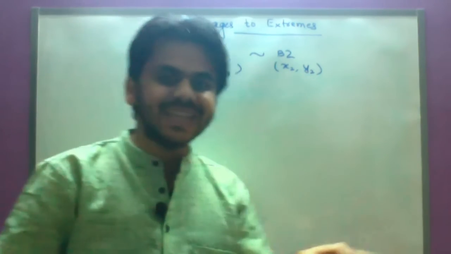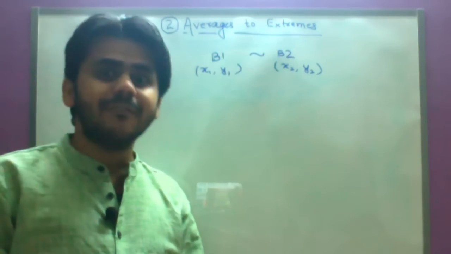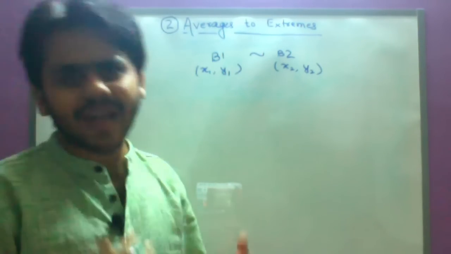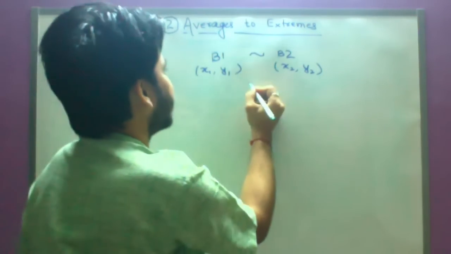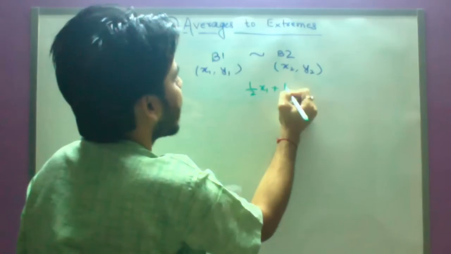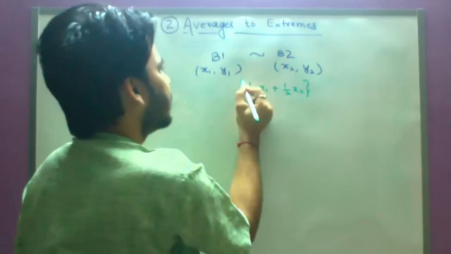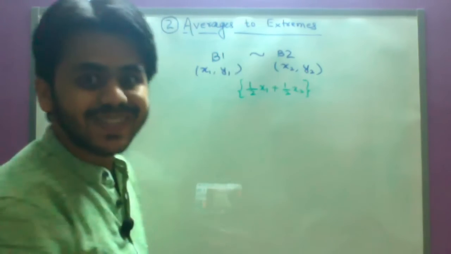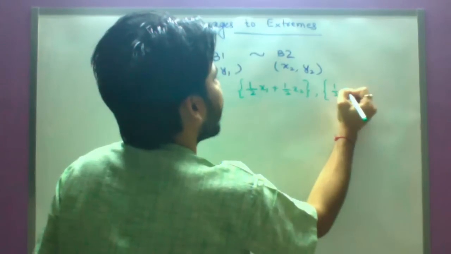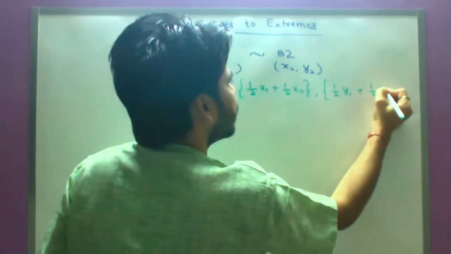In that case, if I take a weighted average of these two, I will have a preferred bundle. Now what do I mean by an average? Let's say I take half of X1 and half of X2. This will be my new X, and I take half of Y1 and half of Y2.